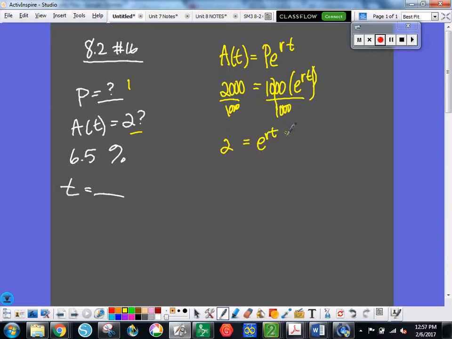Now the other scenario: pretend I deposited $1 and wanted it to grow to $2. How would I get t by itself? Isn't it the exact same equation? So the amount of time it takes for something to double is exactly the same, regardless of how much you input. All right, so moving on.